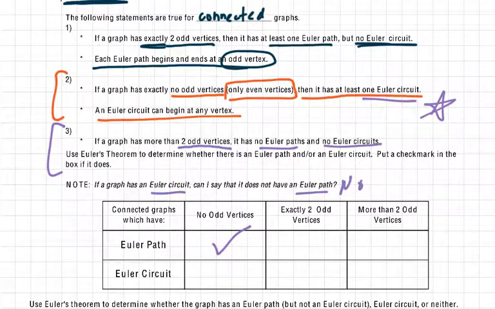And it will also be true if there are exactly two odd vertices. An Euler circuit only occurs if the graph has only even vertices.